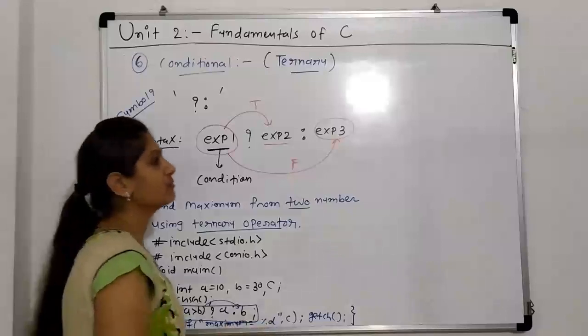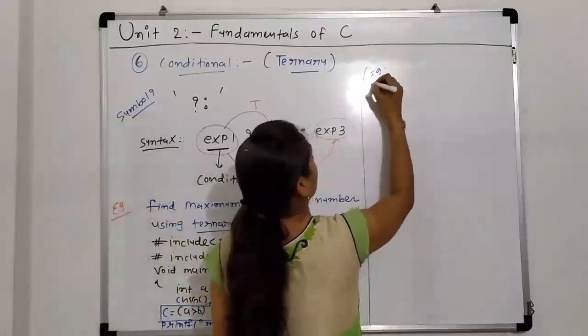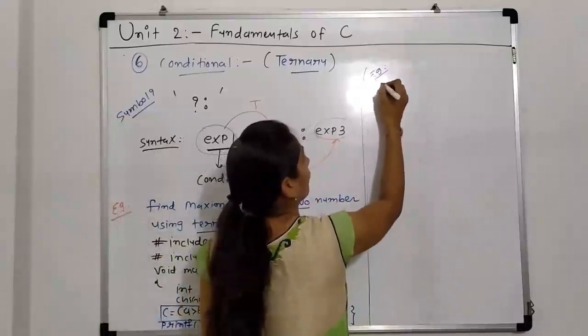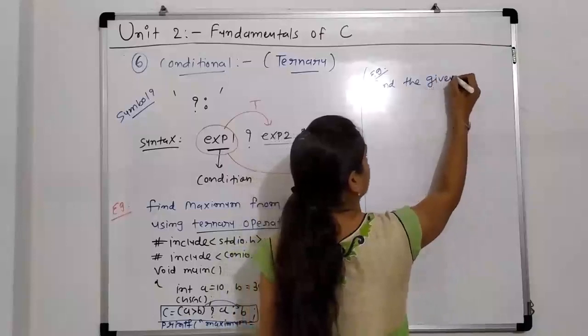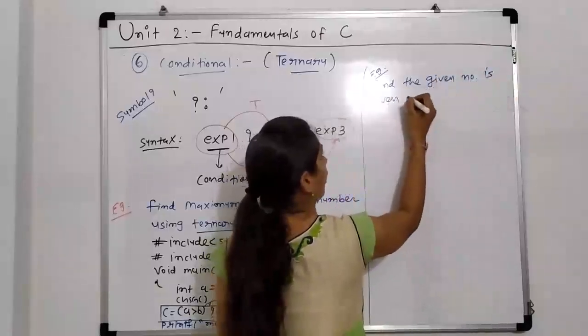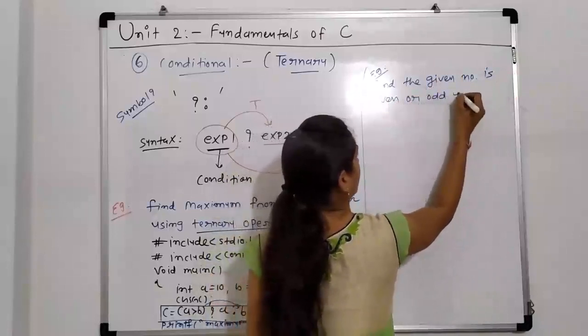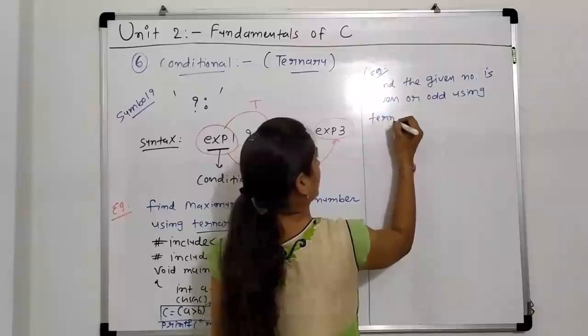Okay? Similarly, we can try another example, that is: find whether the given number is even or odd using the ternary operator.